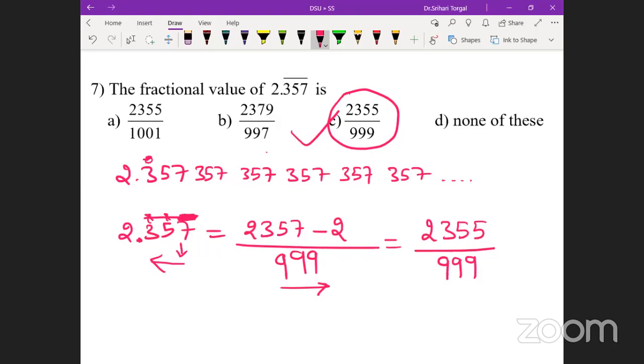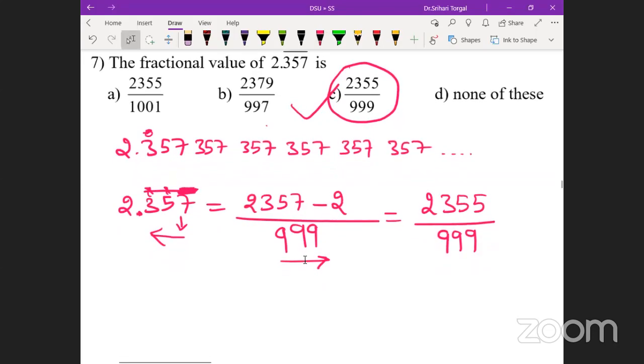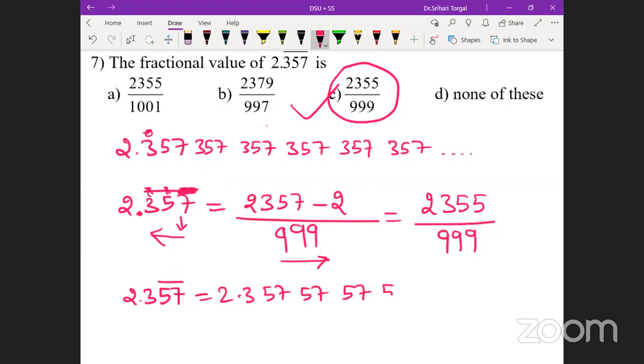Okay. If they give you this kind of problems, let me discuss one more case with you. See, 2.357 57 57 57, like this, right? Now see here how to calculate that.